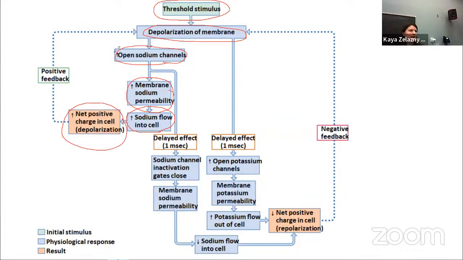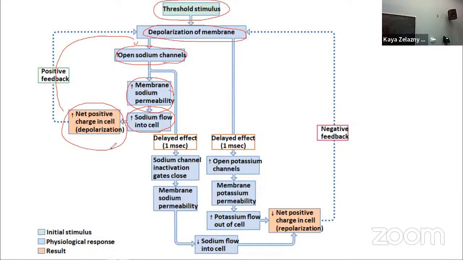And this is a positive feedback loop, because as we depolarize more and more, voltage-gated sodium channels are turning on and sensing this change, opening more and more sodium channels. This does have to turn off eventually, so there is a delayed effect on our inactivation gate. To open these sodium channels, we opened our activation gate, meaning that both of the doors on our sodium channel were open.